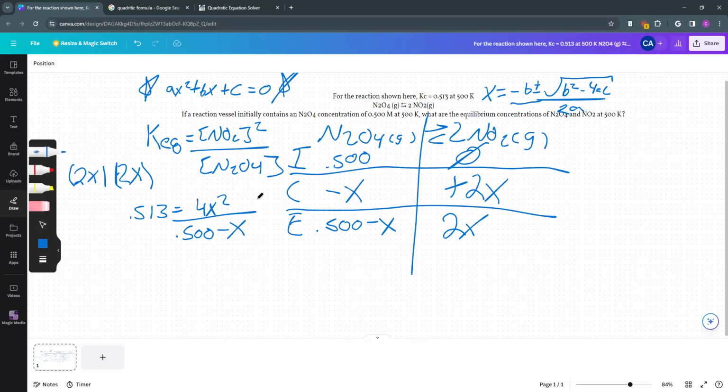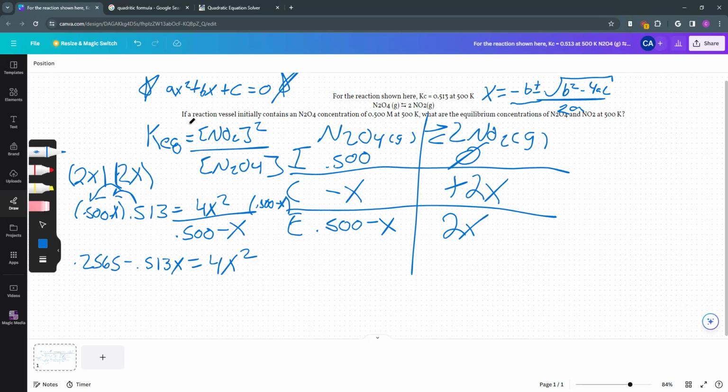I'm going to multiply each side by my denominator. And so I want to distribute the 0.513 in. So 0.513 times 0.5 is 0.2565. And that's going to be minus 0.513x. That's equal to 4x squared.